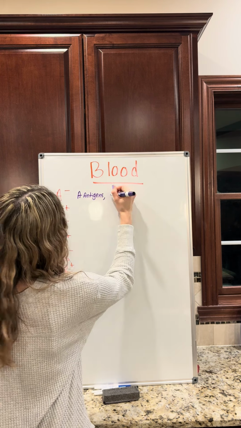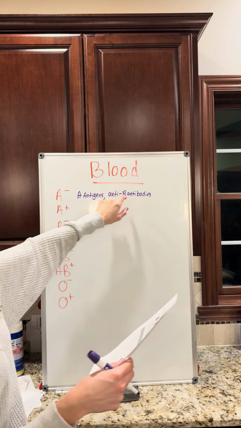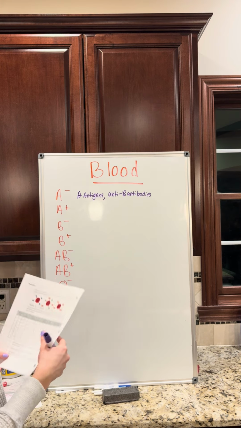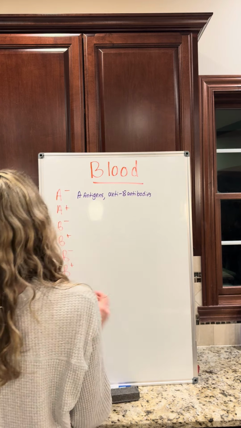So you have the antigens for A, but you cannot receive anything from B because the antibodies are for B in this substance. And since it's a minus, you don't have the RH antigen.